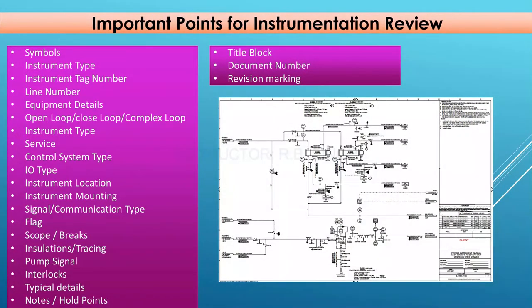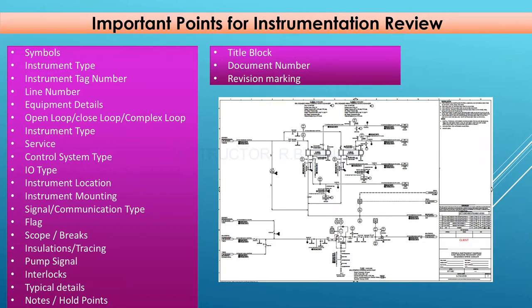Now come to the important points for instrumentation review, because this training is especially for the instrumentation engineer. Whenever you work on any engineering project, you must know what information we can get from the P&ID, especially for instrumentation.